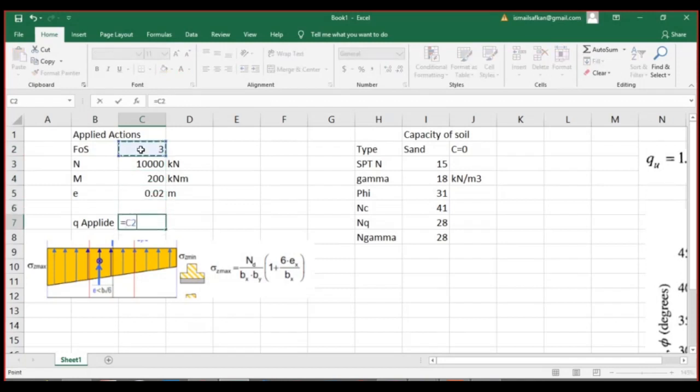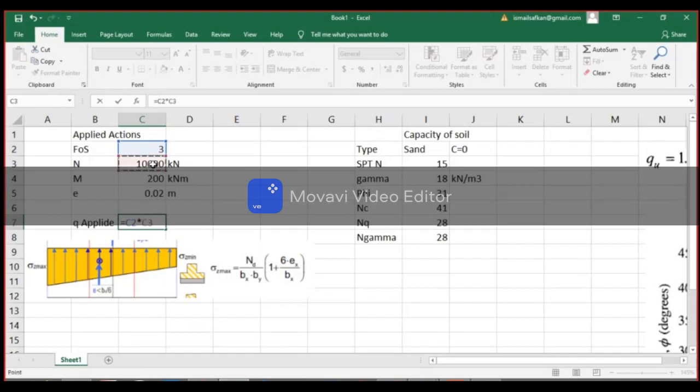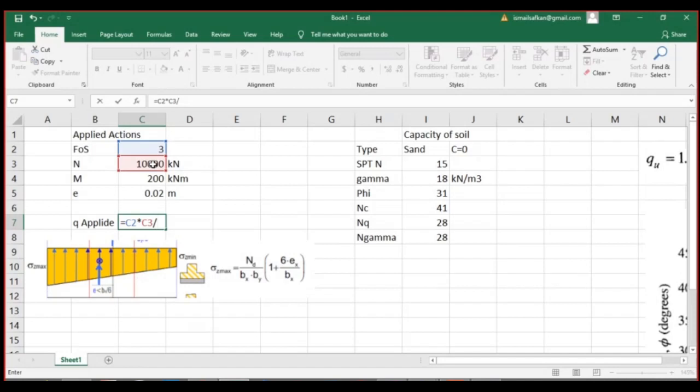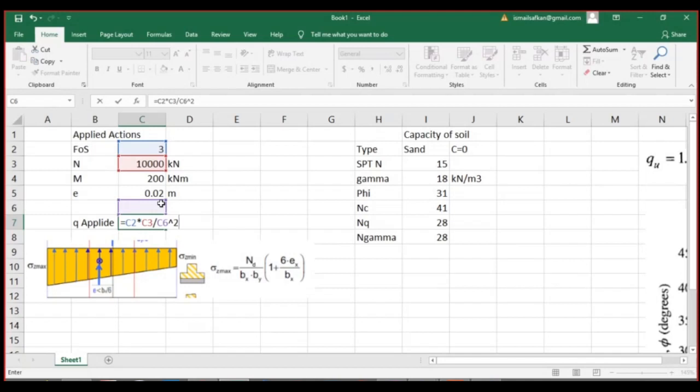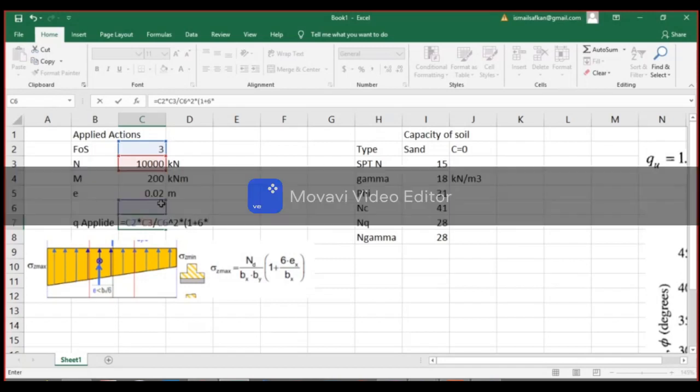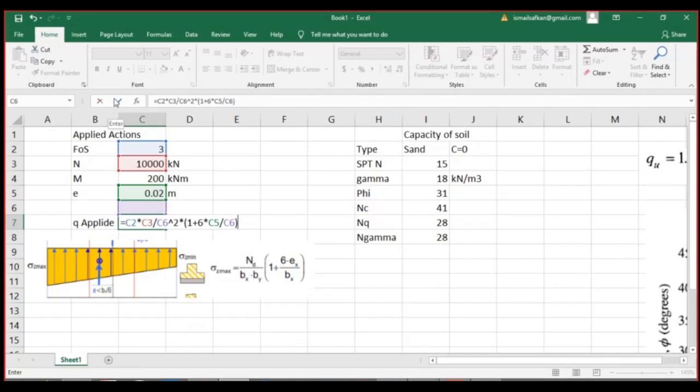Equal to 3 times, watch here, axial force division of the foundation size B squared, which I don't know B yet, so I will assume a blank cell for B. Say B squared in my formula times, open the bracket, 1 plus 6 times the eccentricity E, division of B again. Close the bracket and say yes.